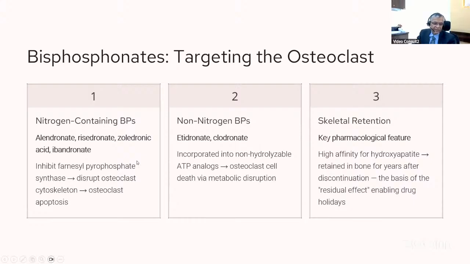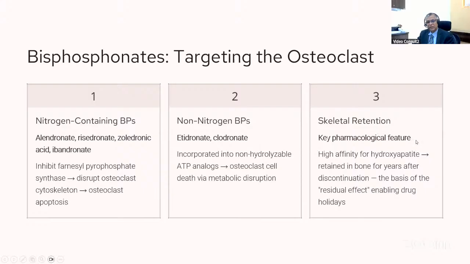They inhibit farnesyl pyrophosphate synthase and disrupt the osteoclast cytoskeleton, leading to osteoclast apoptosis. The non-nitrogen containing bisphosphonates, etidronate and clodronate, commonly used in Canada and in European countries, incorporate into ATP analogs, causing osteoclast cell death via metabolic disruption. They cause the death of the cell and disrupt the osteoclast function.